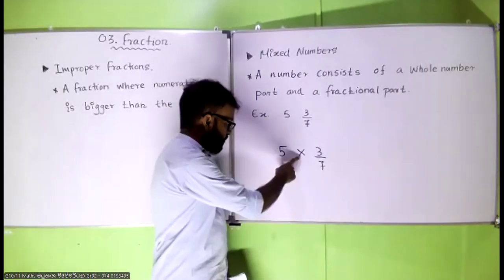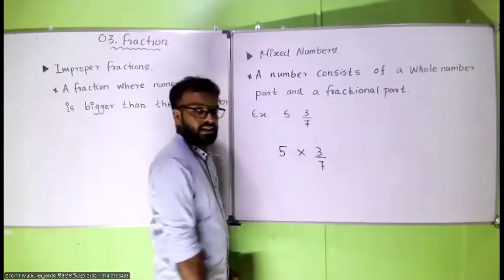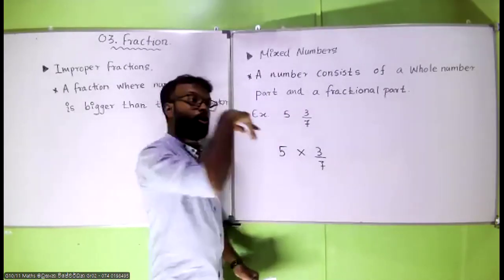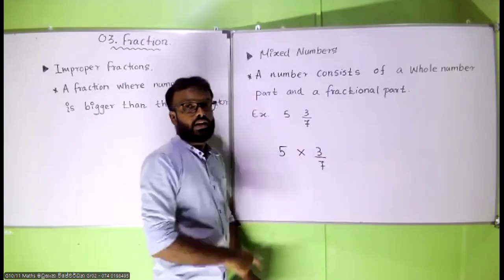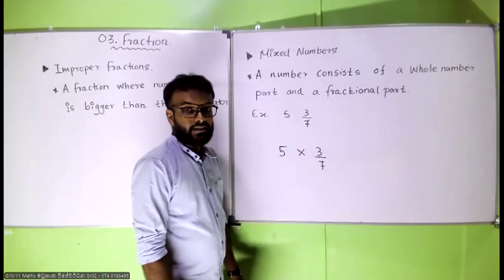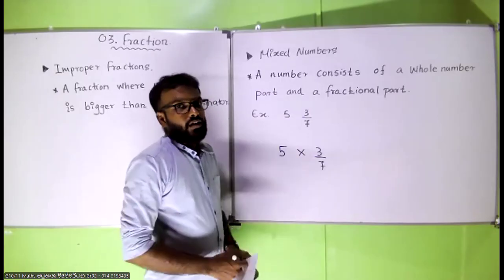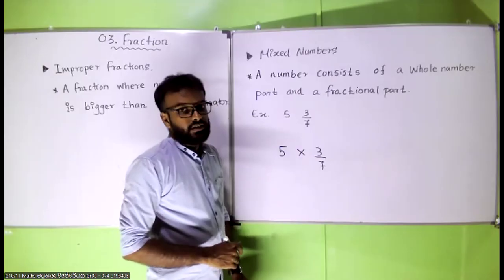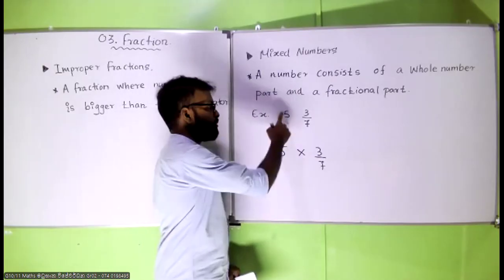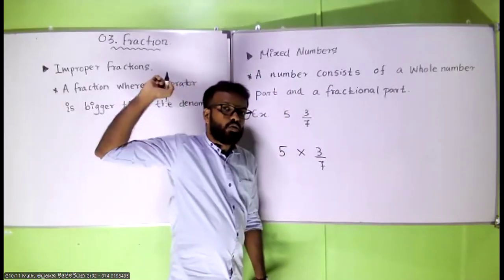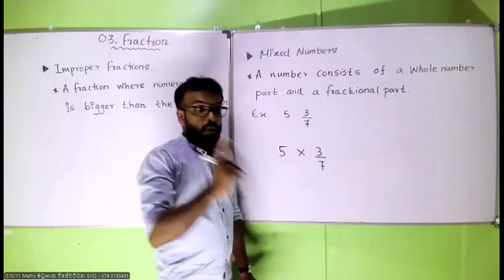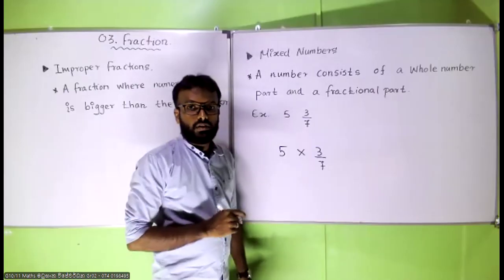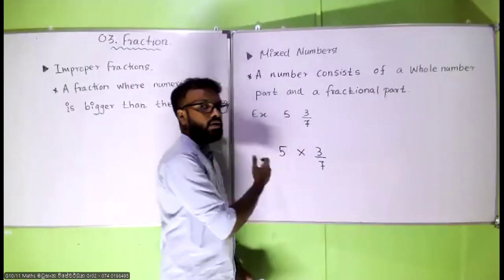The answers for this one and this one are very different. This is a mixed number. This mixed number can be converted into an improper fraction, but this is not a mixed number. You cannot convert this into an improper fraction. These are just two multiplied numbers.